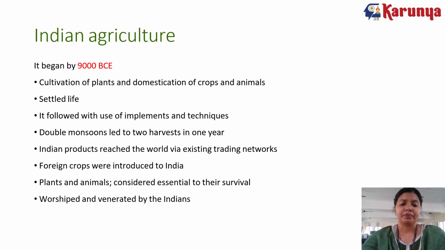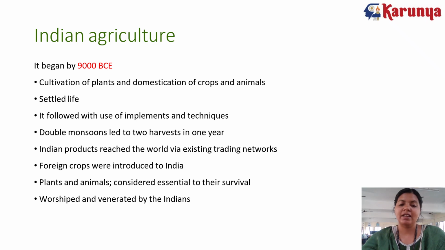Now, in India, agriculture started around 9000 BC, and domestication of plants and animals began. People started to settle down. Use of implements started. We had a double monsoon, so we were able to grow two crops in a year.